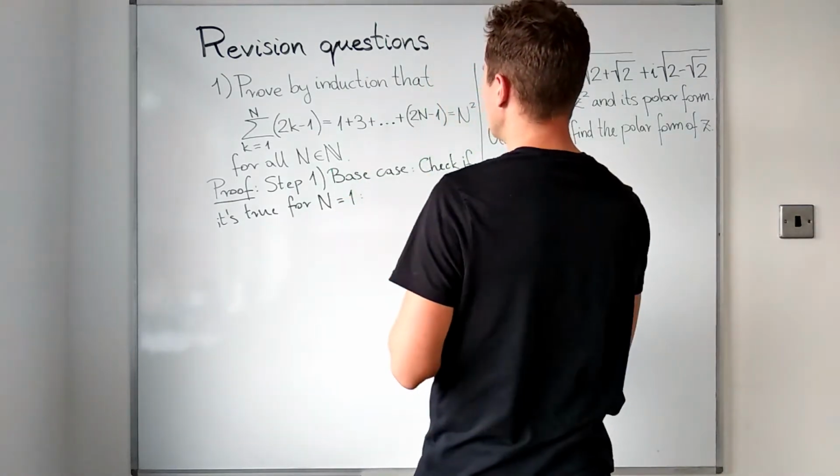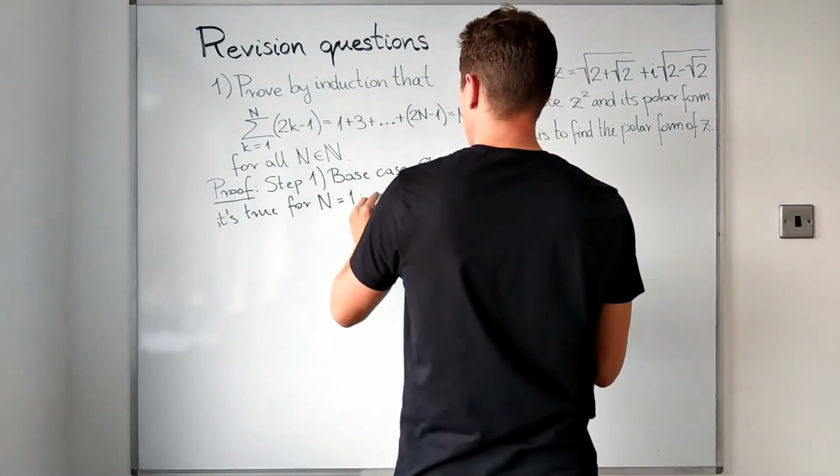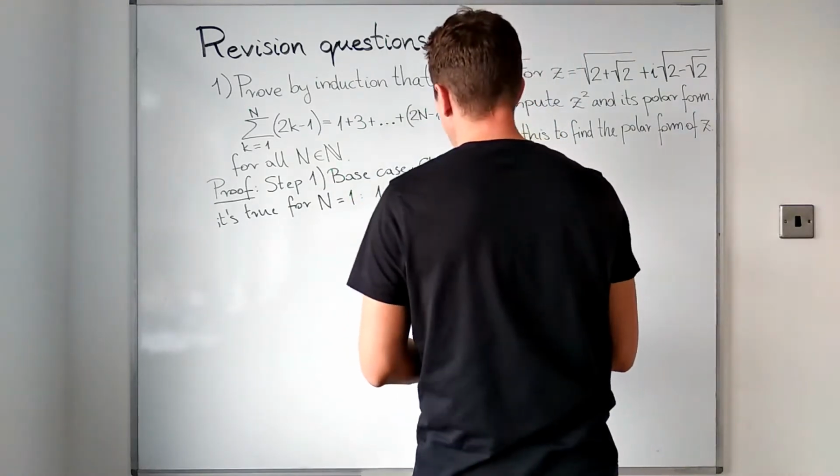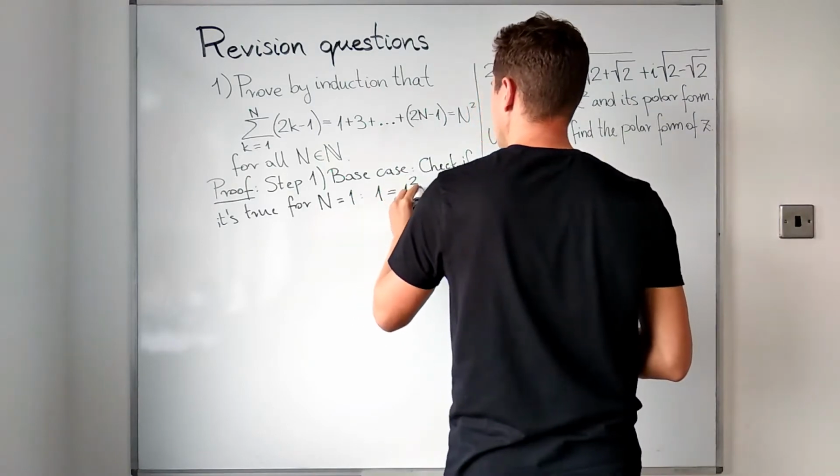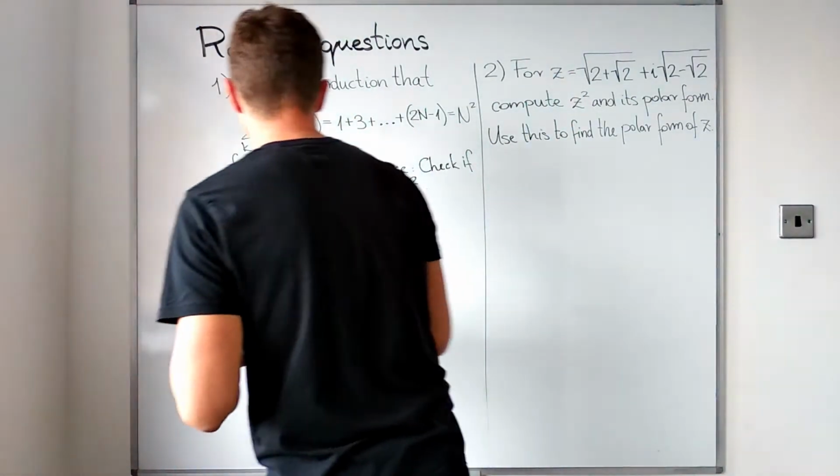Well, to check this statement, we'll just have to take the first odd natural number 1 and check if it's equal to 1 squared. And that is indeed the case. We have established the base case.